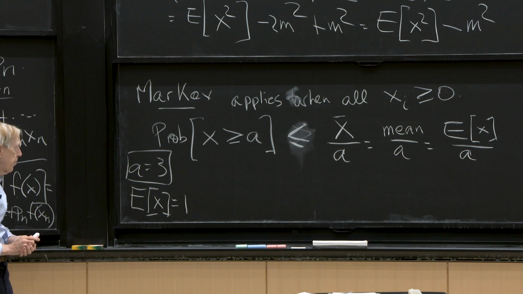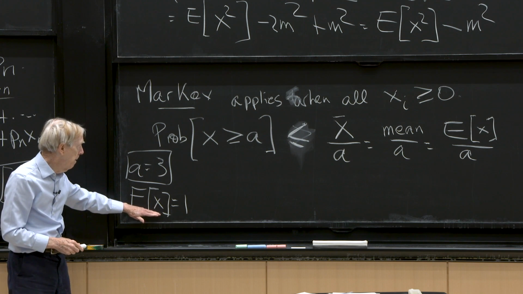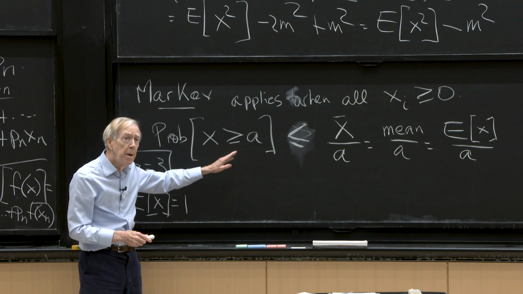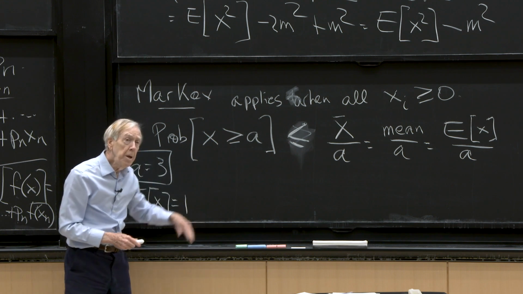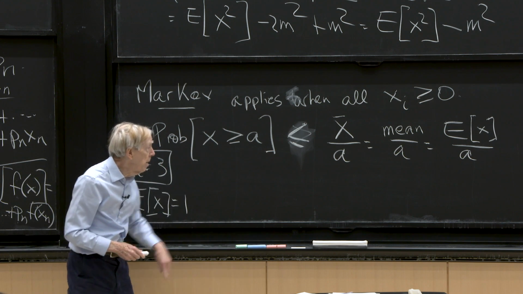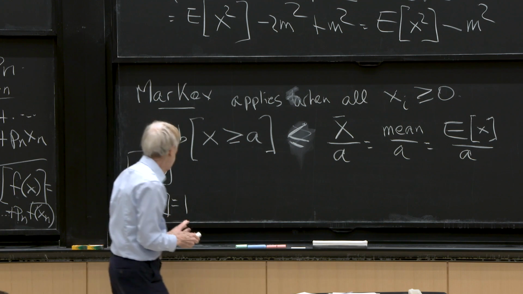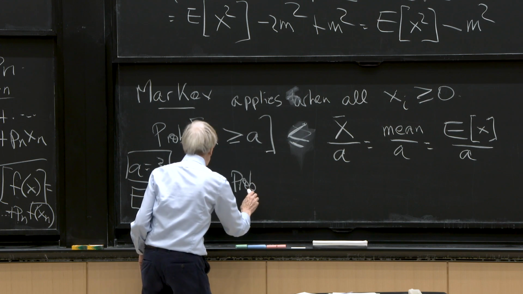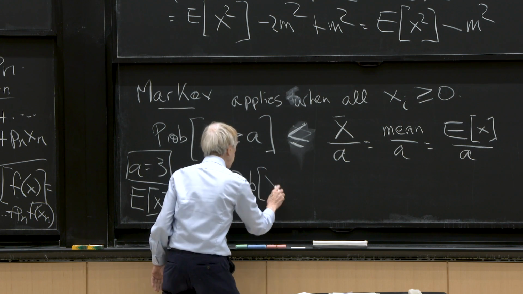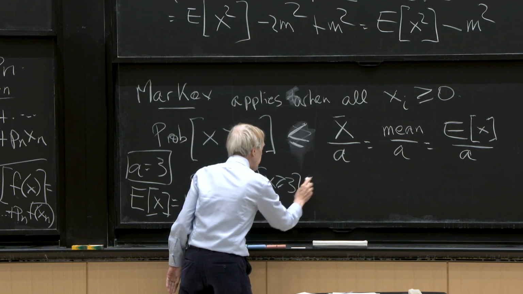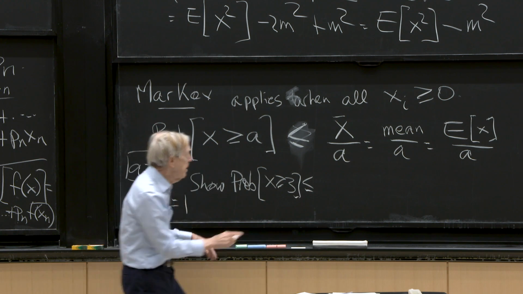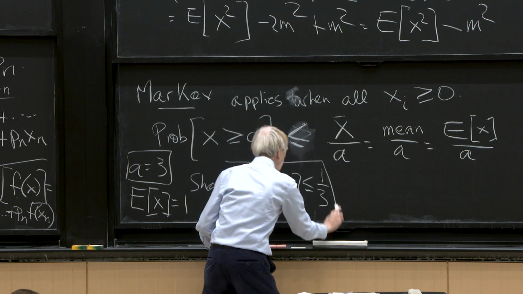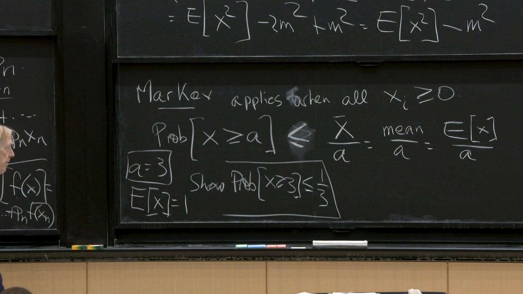So I'm going to imagine that the mean is 1, and that I'm asking what's the chance that x will be bigger than 3, and I'll get an estimate of 1/3. So I'm trying to show that the probability of x greater or equal to 3 is less or equal to the mean, which is 1, over a, which is 3, so it's less or equal to 1/3. Now, why is that true? That's what I have to show.